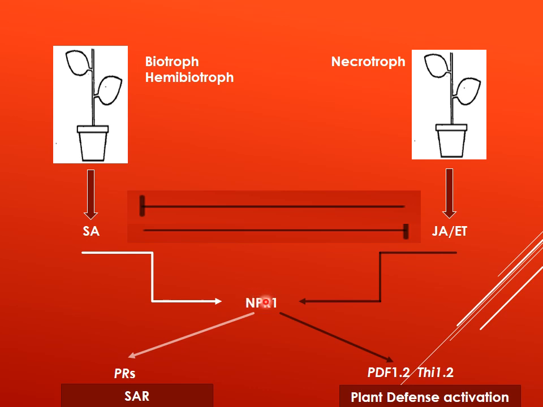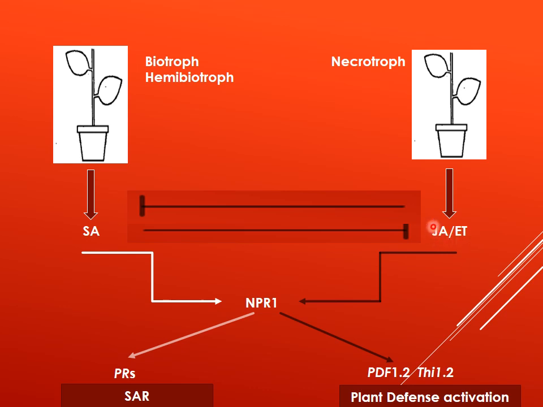And this master regulator then activates another group of genes known as PR genes, and the plant becomes resistant, which is known as systemic acquired resistance. But if the plant is under attack by a necrotroph, then it will not produce salicylic acid, but it produces jasmonic acid and ethylene.